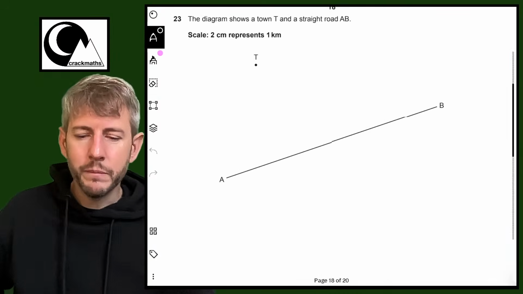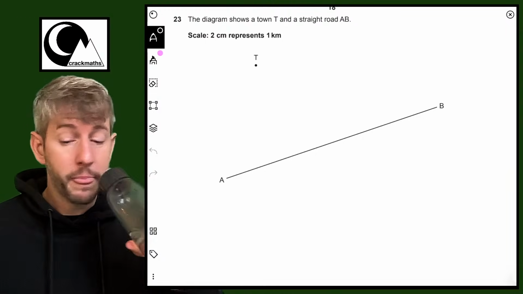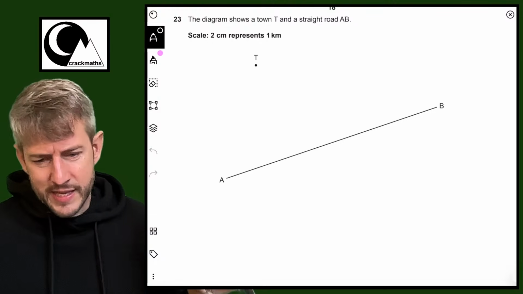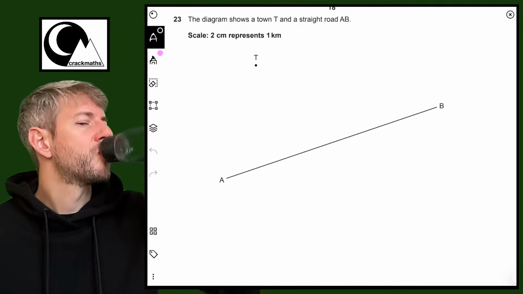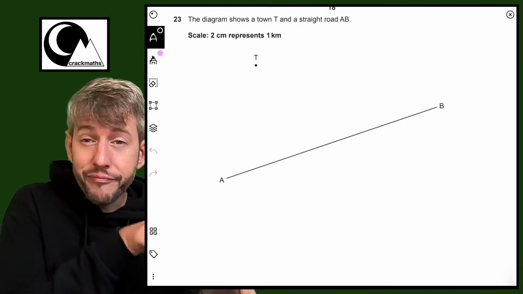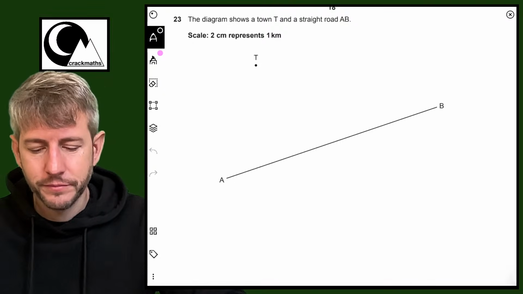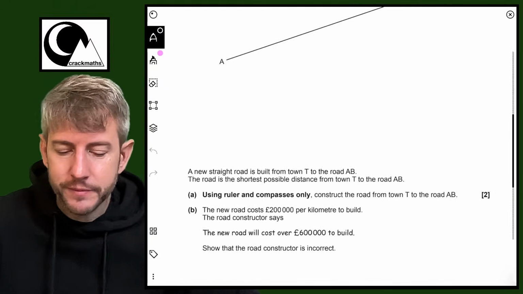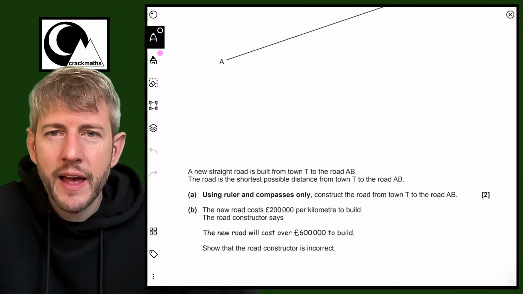The diagram shows a town T and a straight road AB. The scale says 2 centimetres represents 1 kilometre. So let's have a look. So a new road is built from town T to the road AB.